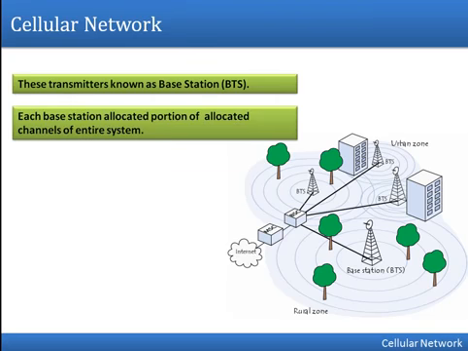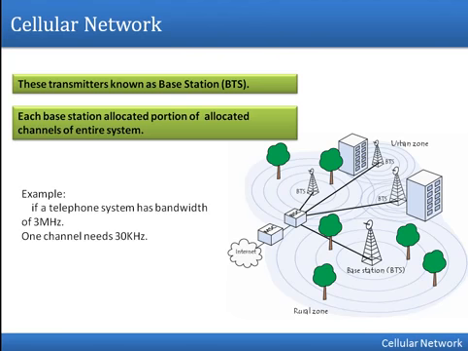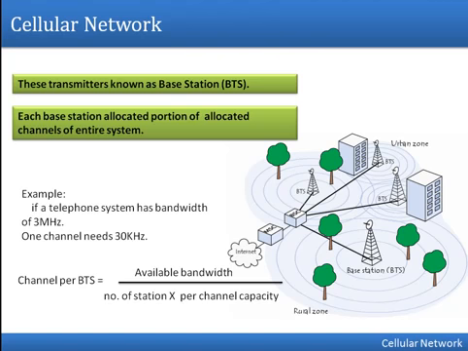Now, if we have some frequency, let's say the total frequency is T, and we have four base stations, then every base station will get T by 4 frequency. Now for channels per BTS: if you want to find out how many channels we have per cell, first we find the portion of frequency allocated to one cell.